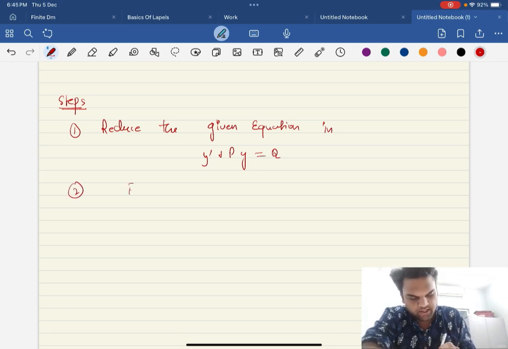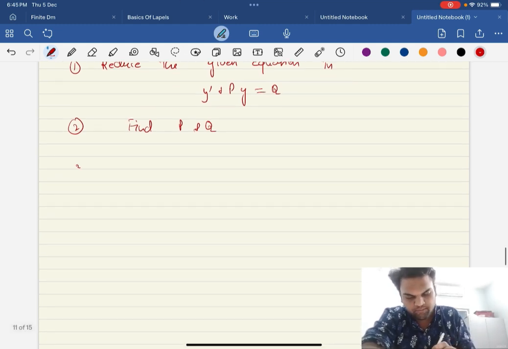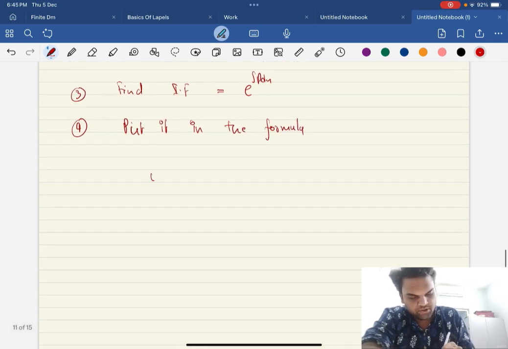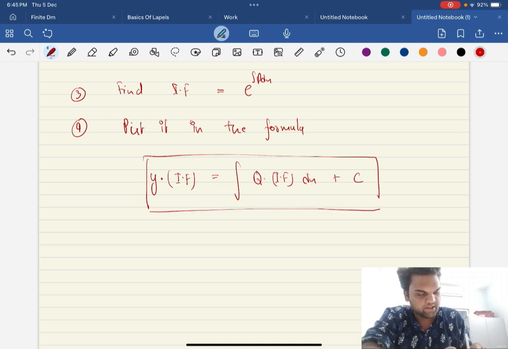Then find what p and q are. Step three, find the integrating factor, which is e to the power integral of p dx. Fourth, put it in the formula, which is y times the integrating factor equals the integral of q times the integrating factor dx, plus c. Now the required solution will be here.